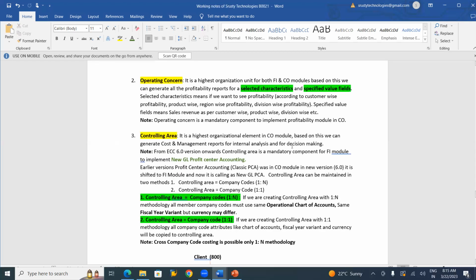Next one, write down. This is controlling area, 1:n methodology. Next one, controlling area equal to company code, 1:1 methodology.